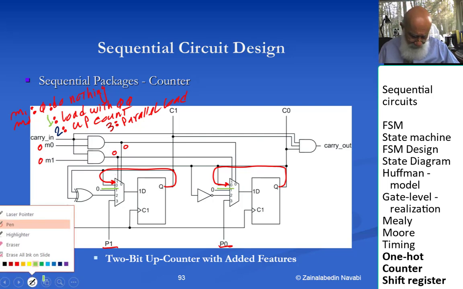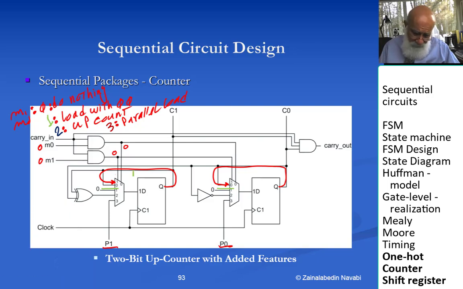If it is 1, 0, this input is going to be activated. This input and this input, the rightmost or the least significant bit is going to be complemented. See, because 0 0 going up becomes 0 1, 0 1 going up becomes 1 0, and therefore this bit is always complemented.